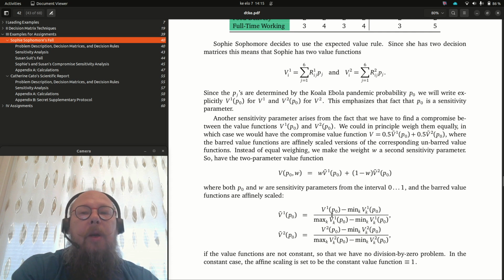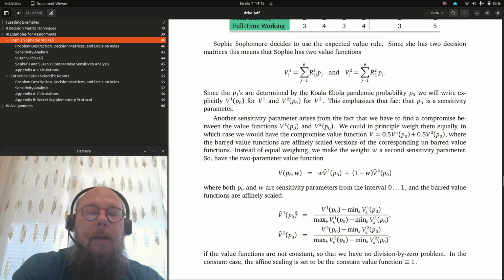And just to remind you what the scaling means, of course we have a function that does it automatically, but just in case you want to remember: v1 bar means I take the value, I subtract the minimal value and divide it by the maximal value minus the minimal value, and same for v2.